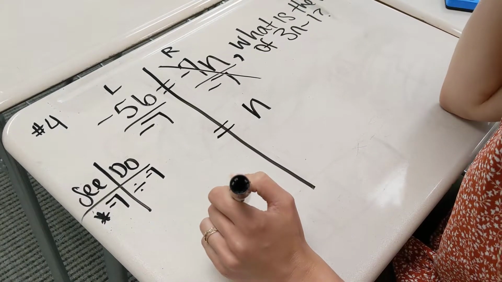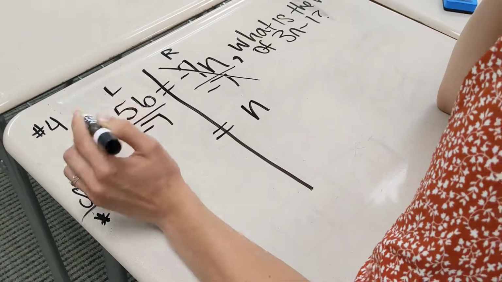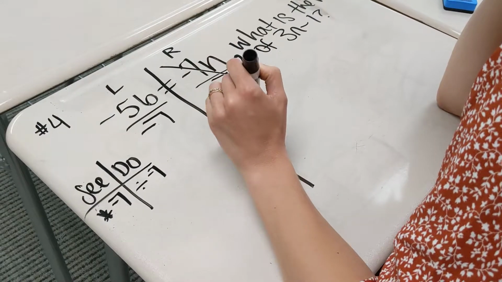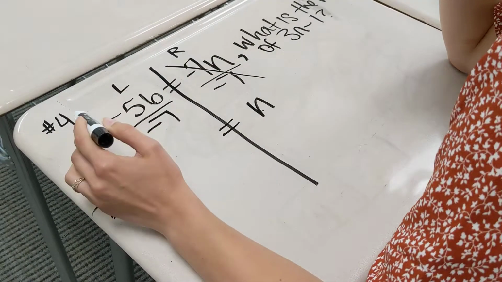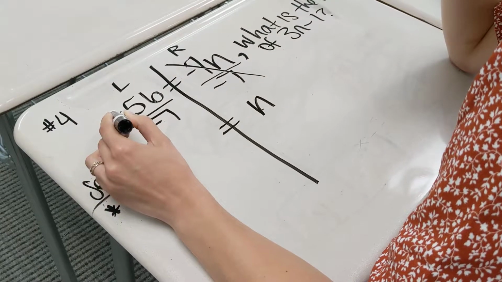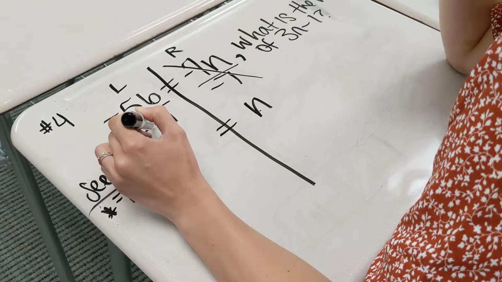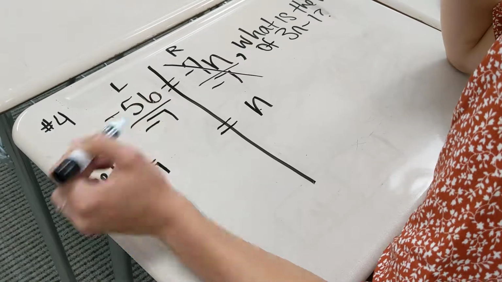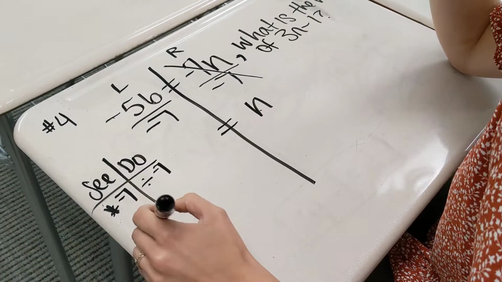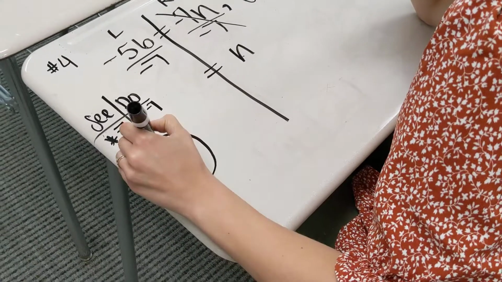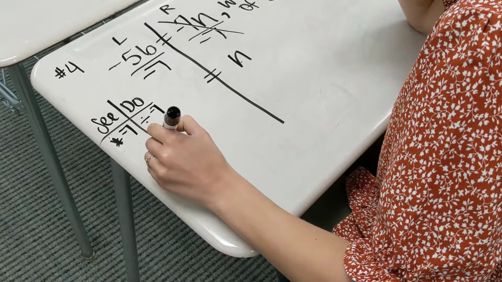What do you have to do next? Well, I have the variable by itself, which is what I wanted on the right side. But on the left side, I now need to do negative 56 divided by negative 7. What's a negative divided by a negative? Well, I don't remember, but I do remember Sleepy Man.